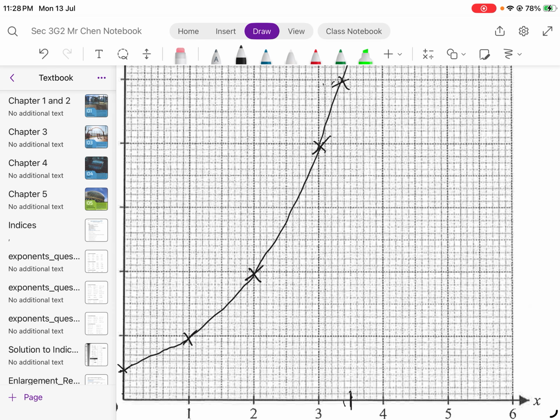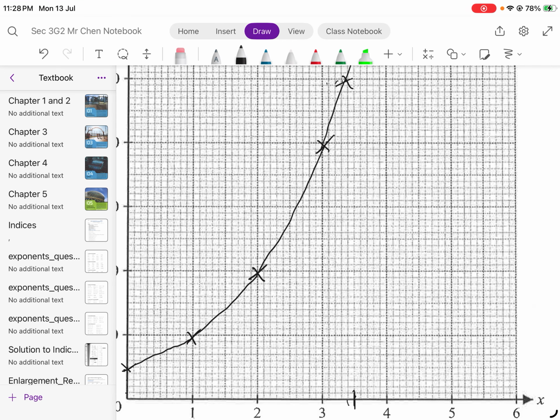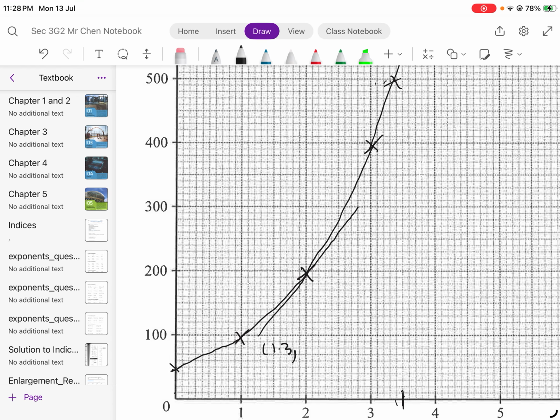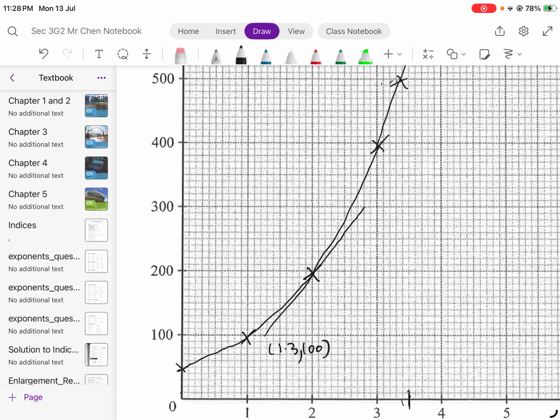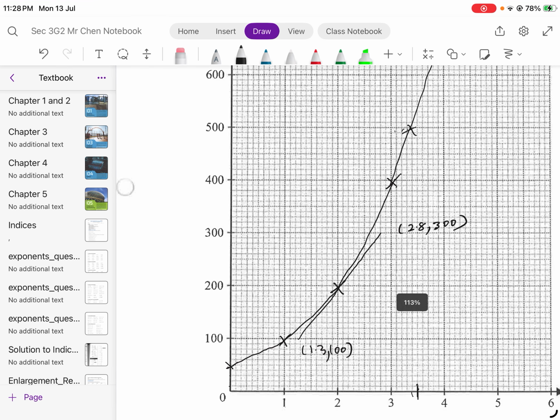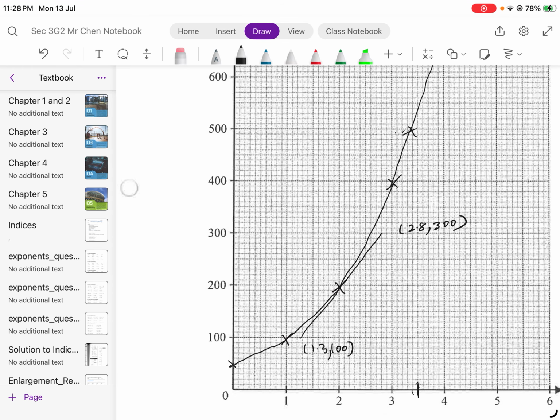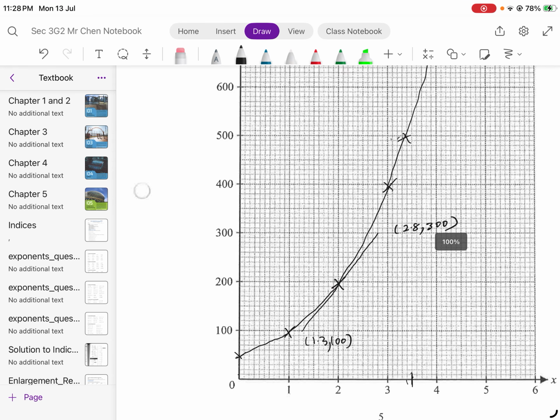Never mind, let me just try to use freehand. So I'm going to try here. Draw a rough line. Please use a ruler. I can only show you the method now. Your y is 1.3, 100. And then down here is 2.8, 300.